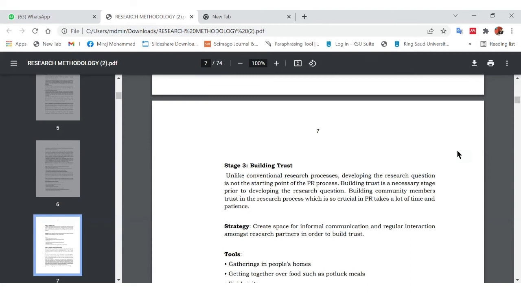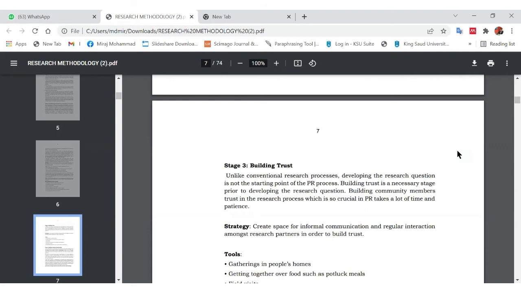Is it clear? Okay. So then comes stage 3, that is building trust. This is again very important, because how do you build trust?